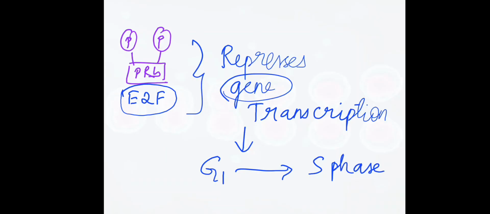The hypophosphorylated or unphosphorylated pRB protein binds to E2F. This complex stops the gene transcription of the genes which are required for the transition from G1 to S phase. So what does it mean? The cell cycle is arrested at the late G1 itself. So there is no S phase. There is no continuation after G1 phase.